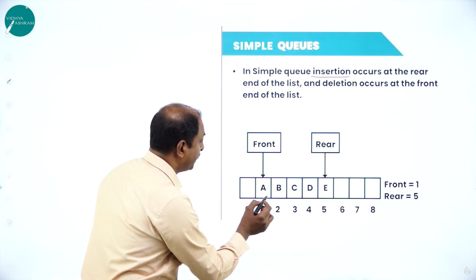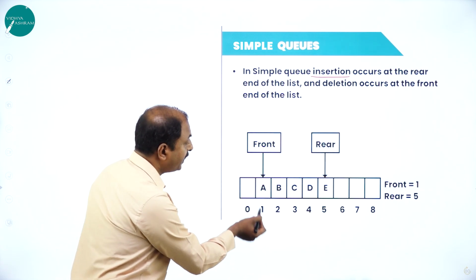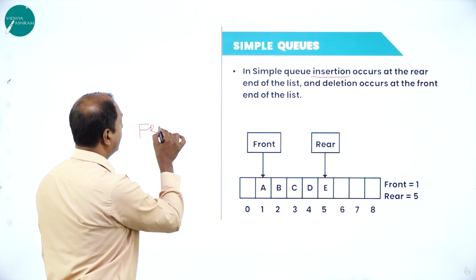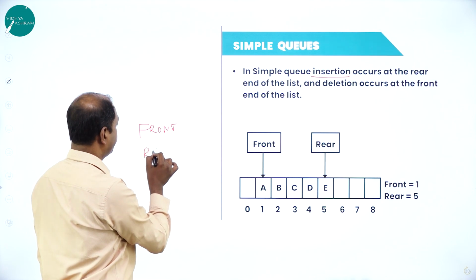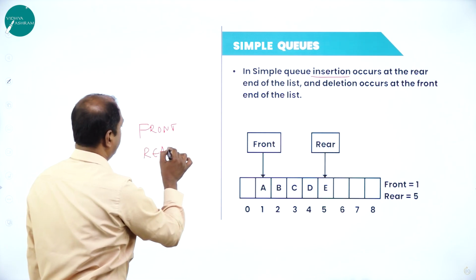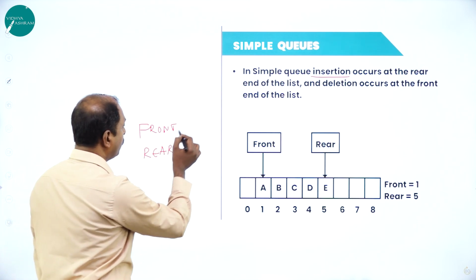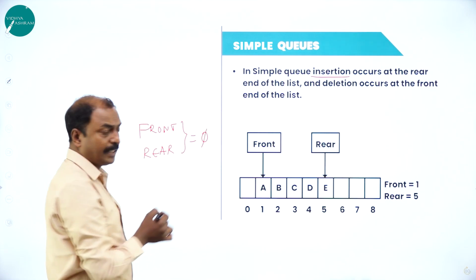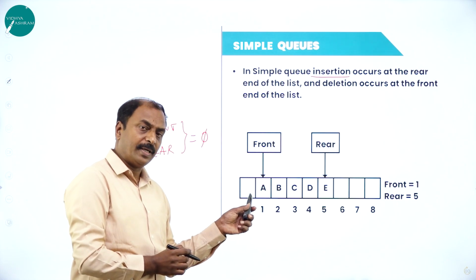The first element we are inserting is A, at index 1. So at the beginning, there are 2 pointers, front and rear, both of them will point to 0. 0 in this example means there are no elements.